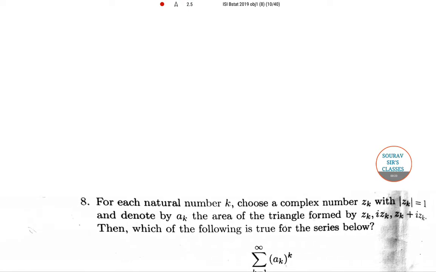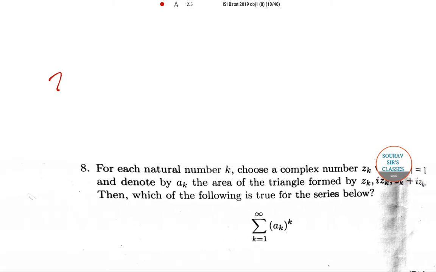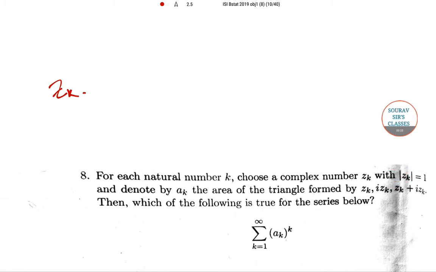For each natural number k, choose a complex number zk with mod zk equal to 1.